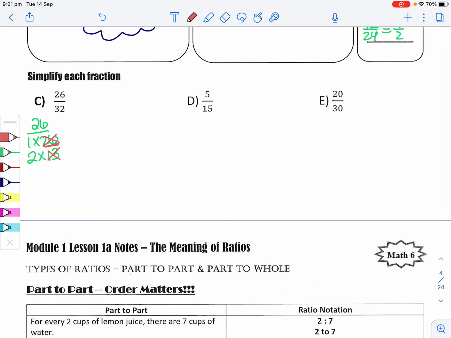So that doesn't work. But 26 and 32 are both even, so I know that 2 works for both of them. So I am going to divide this fraction by 2 on both the top and the bottom. 26 divided by 2 is 13, and 32 divided by 2 is 16. So here's my simplified fraction.